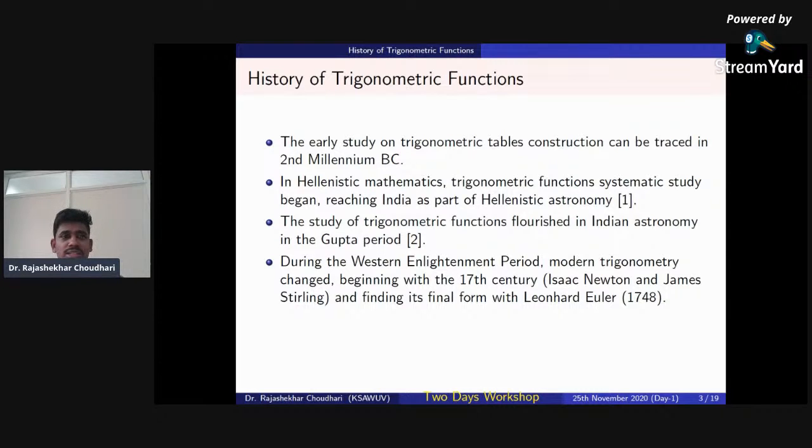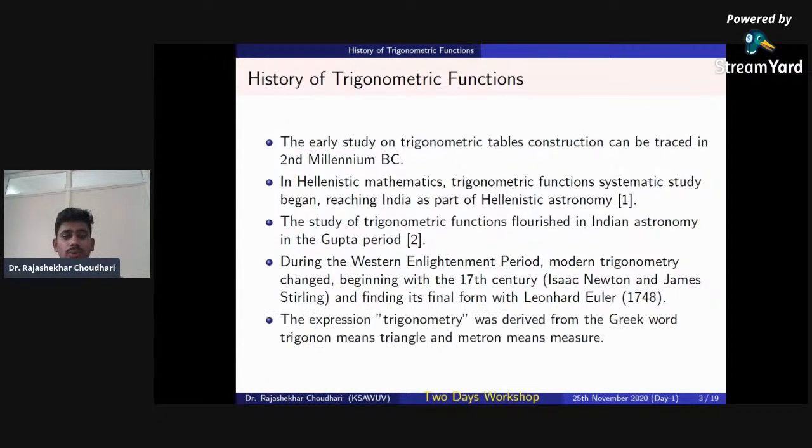During the Western Enlightenment period, modern trigonometry changed, beginning with the 17th century by Isaac Newton and James Stirling, and it took its final form with Leonhard Euler. The name trigonometry is derived from Greek words, where trigonon means a triangle and metron means a measure. So it has to do with the measure of triangles.